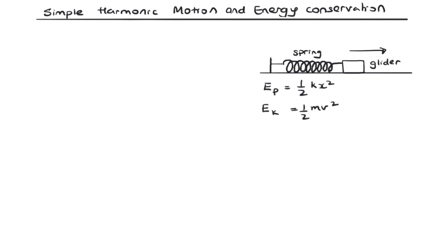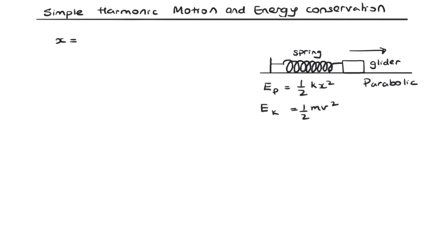We know that because EP is proportional to x squared, it would be a parabolic graph. So a parabolic function, and so is the Ek versus v graph as well. We'll explore that in a second, but first let's just understand what happens to the energy when it's moving from a displacement of nothing.